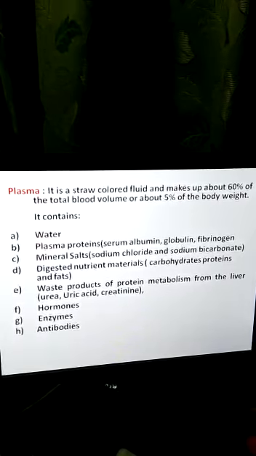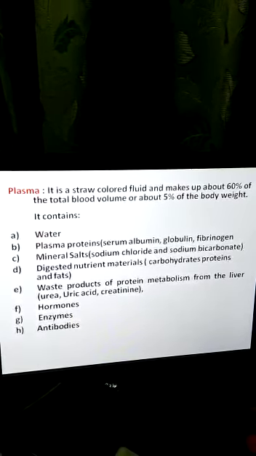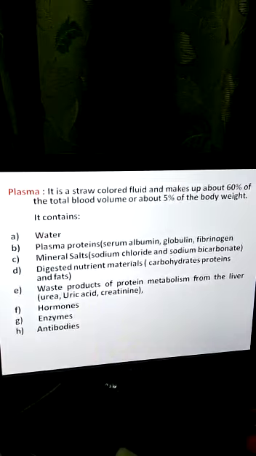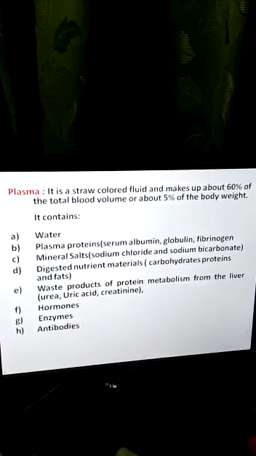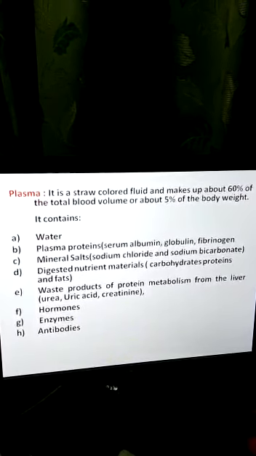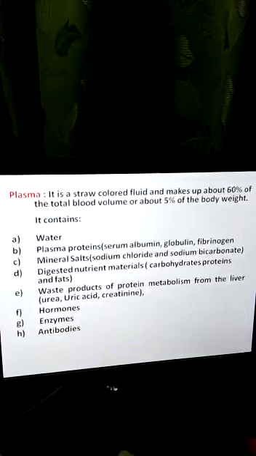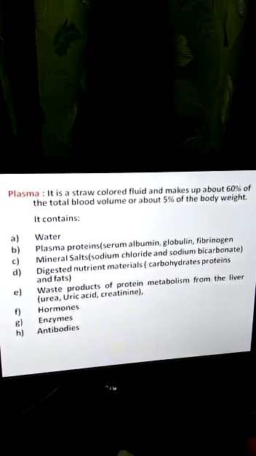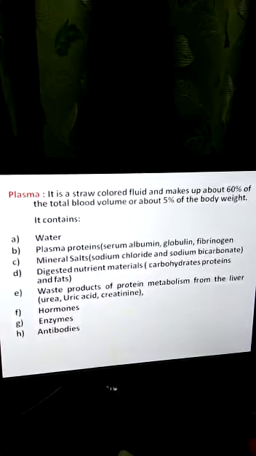Now, what are the contents of plasma? It contains water, plasma proteins, serum, albumin, globulin, fibrinogen. Next, mineral salts, that is sodium chloride and sodium bicarbonate. Next, digested nutrient materials, that is carbohydrates, proteins and fats.